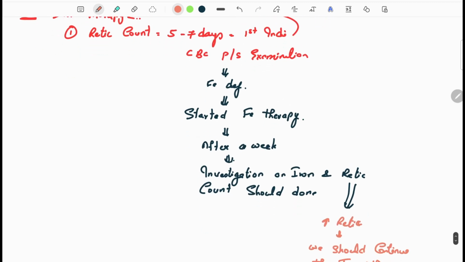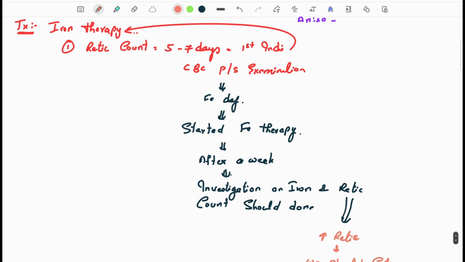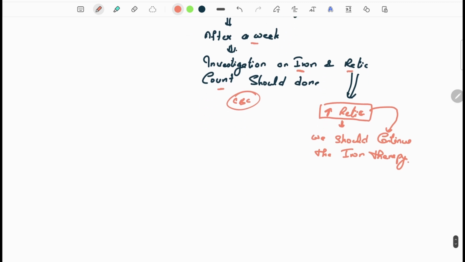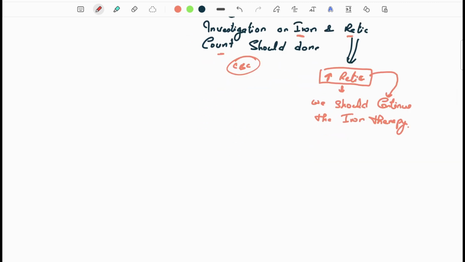So, for example, a patient came to you. You diagnosed that it is iron deficiency anemia, so you started him on iron therapy. After a week, he comes to you again. At that time, you have to check both the iron and the retic count in his CBC. So if you find that his retic count increases, it implies that you have to continue the iron therapy because it is working. And you have to calculate the Mentzer index.